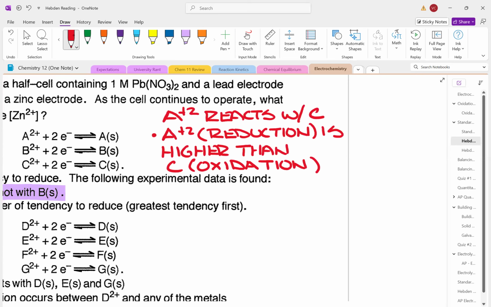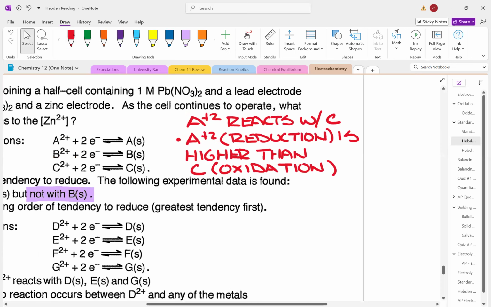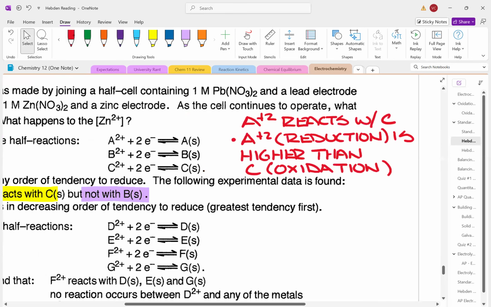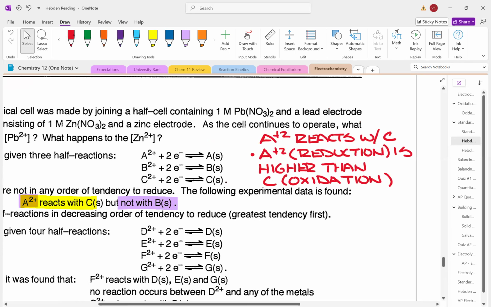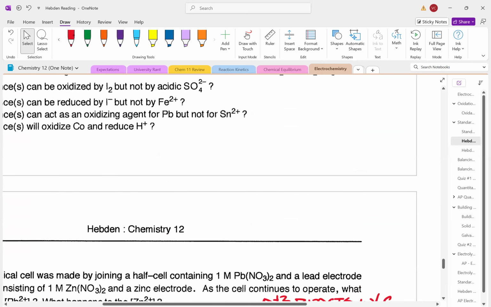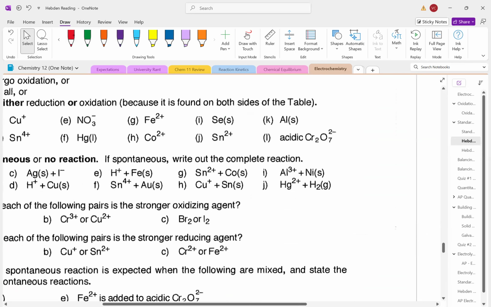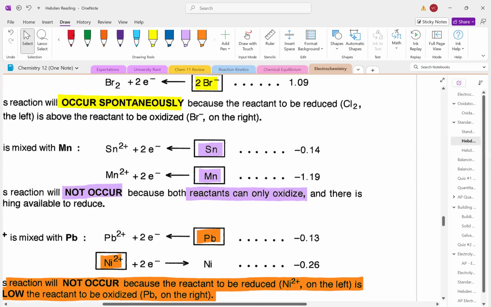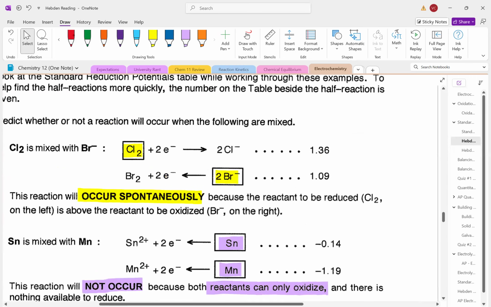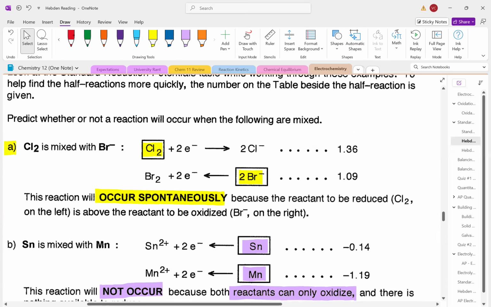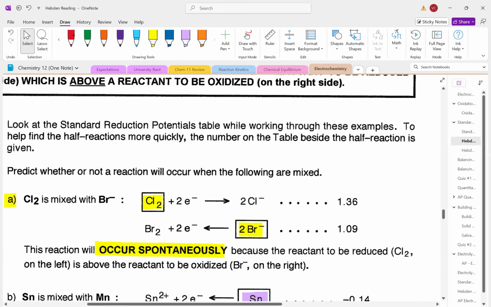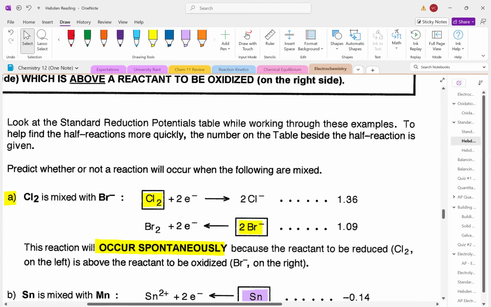Now, how did I know that? Going back to your notes, if we go back to one of the examples on page 198, reduction is higher than oxidation, so therefore it is spontaneous.